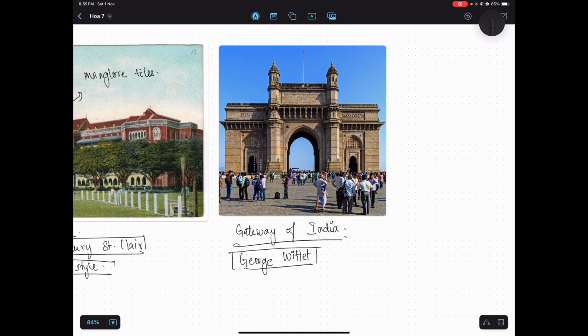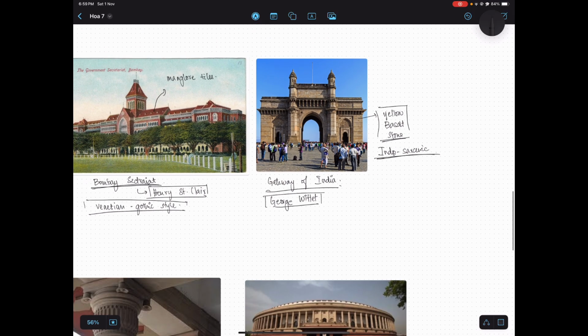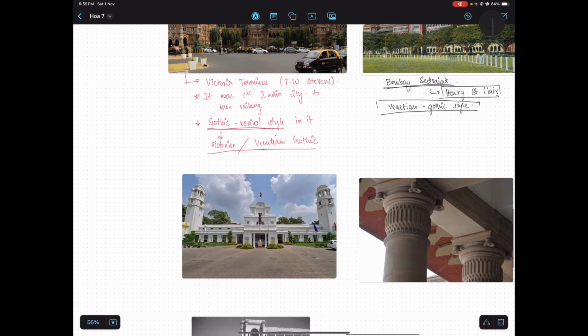And this is built using yellow basalt stone, and this was more leaning towards the Indo-Saracenic than the Gothic revival architecture. So that's about Mumbai, and let's finally move on to Delhi.